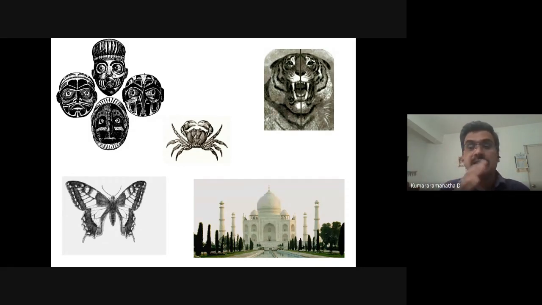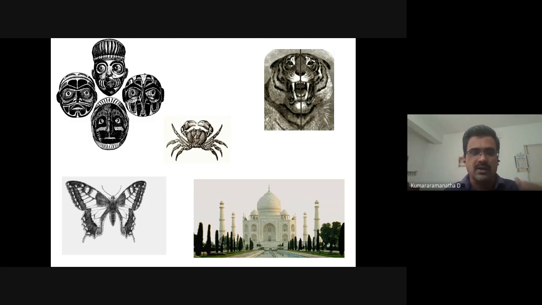In order to break the symmetry, they put a dark dot at one place, left or right, which essentially breaks the symmetry. But in all the major cases, nature generally loves symmetry a lot.